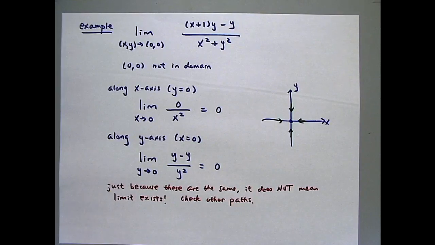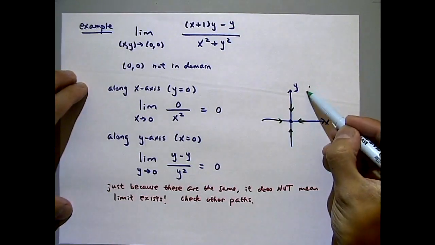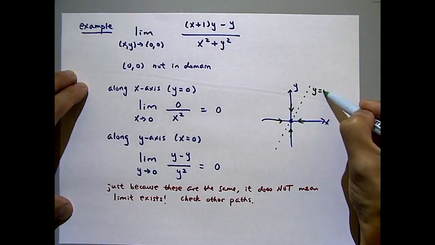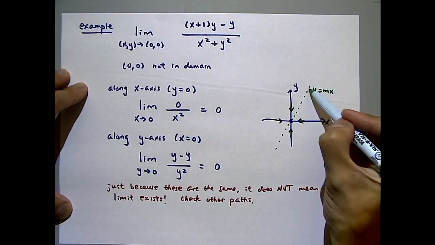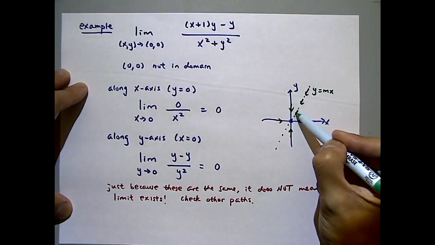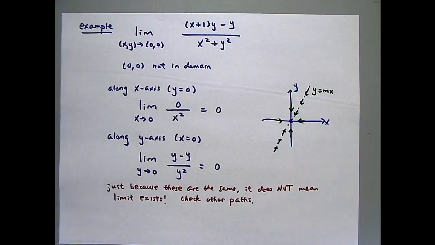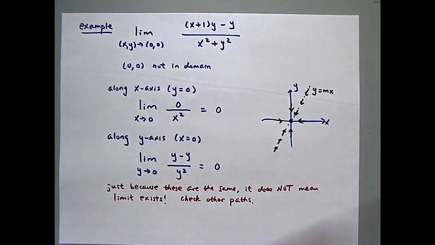This time, I'm going to approach along any non-vertical line. I want to approach along this line here: y is equal to mx, where m is some number I don't want to specify. In fact, if I can make y equal to mx work, it'll tell me all directions for any non-vertical line are going to work.